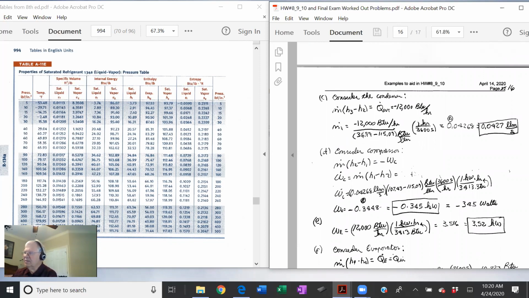If you use the book, you would get plus 1200 and these two would be reversed. That's fine. You still get the right answer. If you get a negative mass flow, you need to stop and look at your numbers and see if everything's okay. It might be you just got a minus on the bottom and a plus on the top. Should have had a plus on both, or a minus on both. Just make sure you're okay with your numbers. Go through the calculations and you get the mass flow rate is 0.0427 pounds per second.